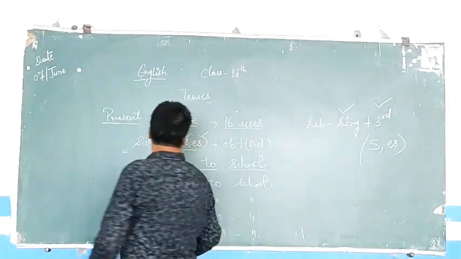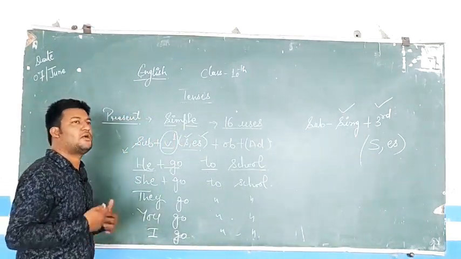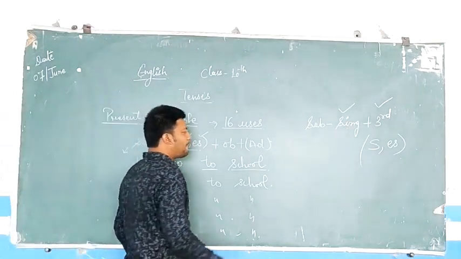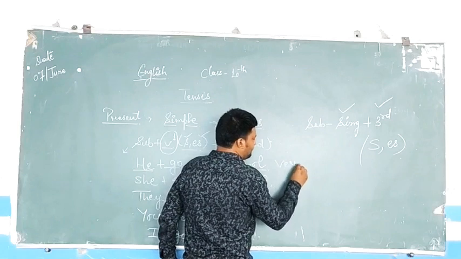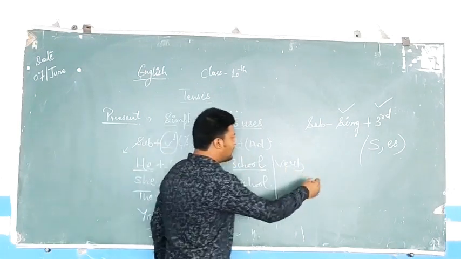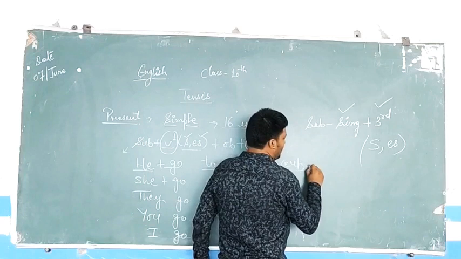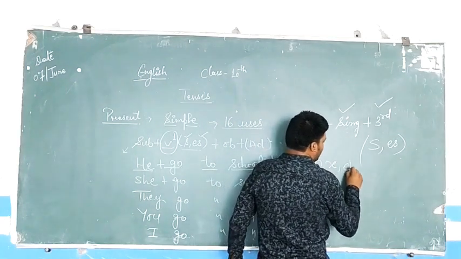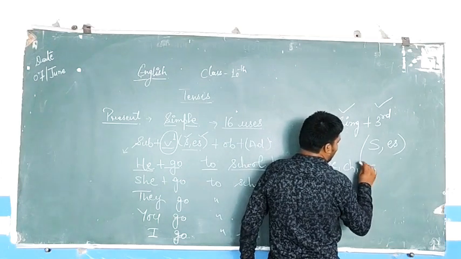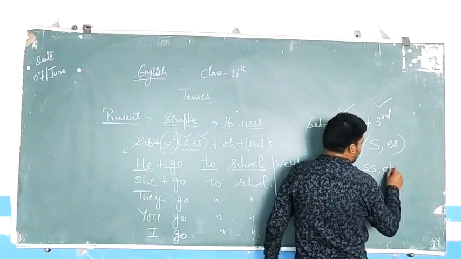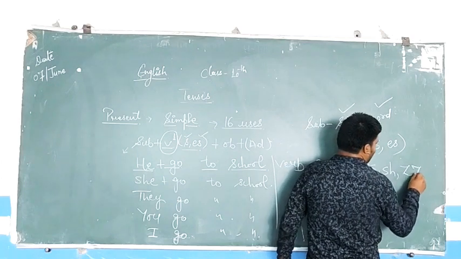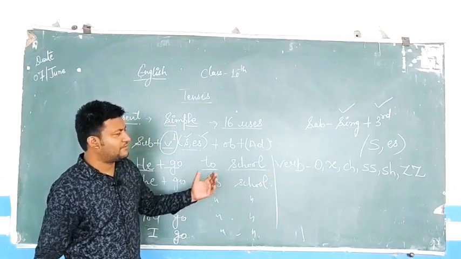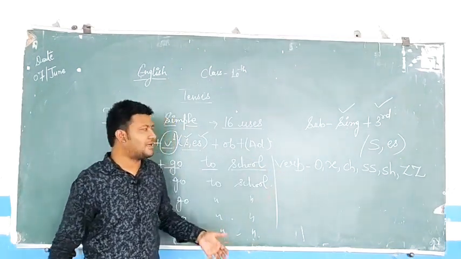Now where to use s and where to use es? If my verb ends with o, x, ch, ss, sh or zz, here 6 different combinations of letters are written.